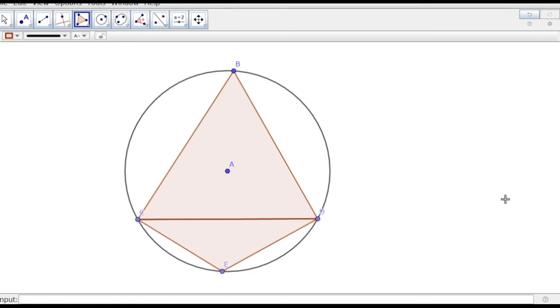Then is there any speciality? Let us check. Let us measure these angles. What is the measurement? That is equal to 61.4.